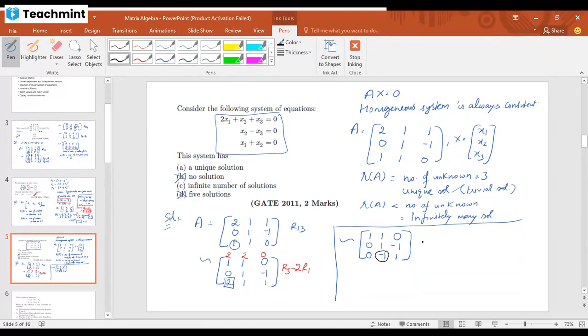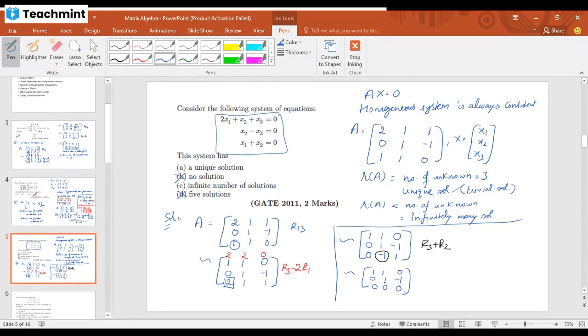So we apply here the operation R3 plus R2. That means we are applying the operation on the third row. Now it is 1 1 0, no change in the first row. 0 1 minus 1, no change in the second row, but third row: 0, minus 1 plus 1 is 0, 1 minus 1 is 0.